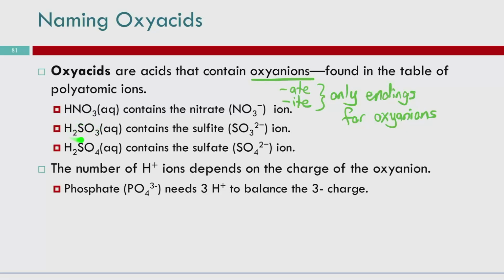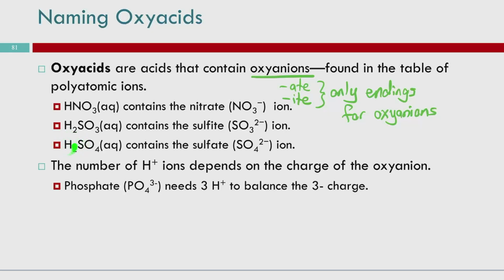This is the sulfite ion, the ite ending letting us know it's 1 fewer oxygen than our ate form. It's still a 2 minus, just like sulfate, which we can see down below. Because it's a 2 minus, we need 2 hydrogens in front to balance the charge. So again, we're balancing our charge with the correct number of hydrogens. And then H2SO4, we've got 2 hydrogens in front, again, because the sulfate ion has the 2 minus charge.